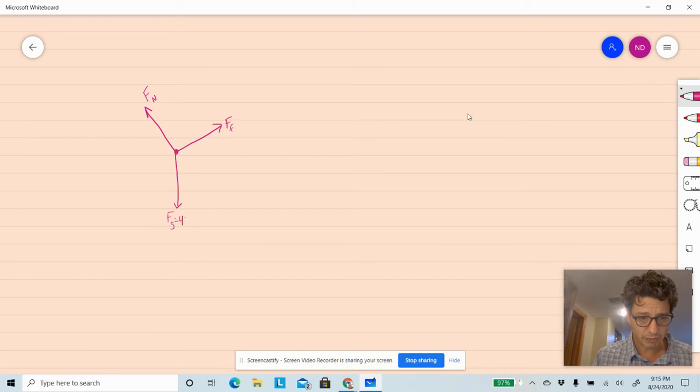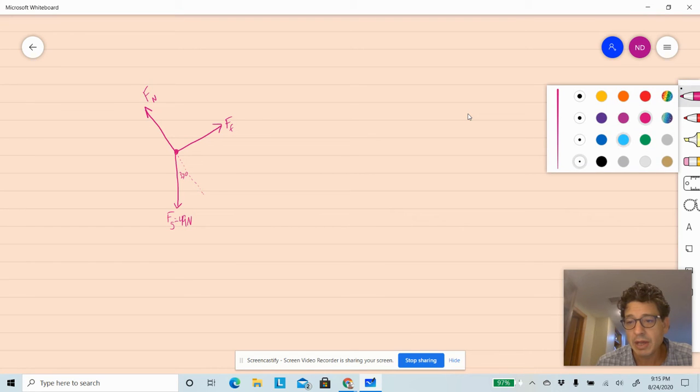We know the weight is 49 newtons, and we know the weight is at an angle of 37 degrees from our y-axis here. Some of that, we're going to take that 37, we're going to turn it into a right triangle.